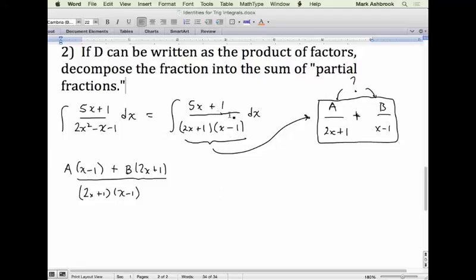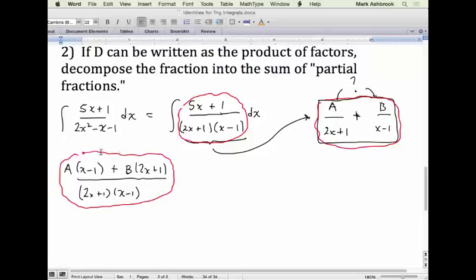So all of these here that I put in red, my black box there, these are all equal. They're all the same thing. We just have to figure out what values of a and b make it equal to what we started with.